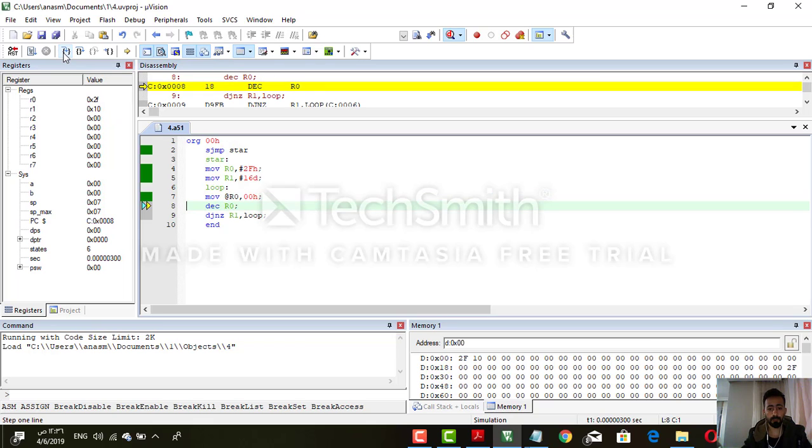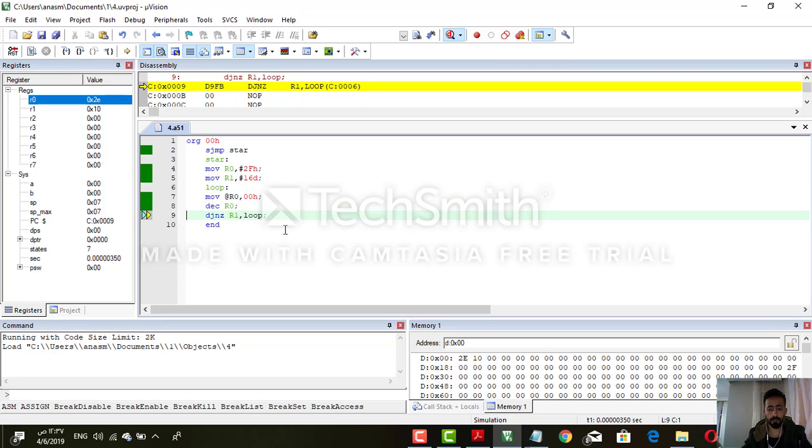Now decrease R0, and after that we enter the loop. The first one, the address which is pointed by R0 will be 0. So as we see here, it will be decreased by 1, from 2f to 2e.